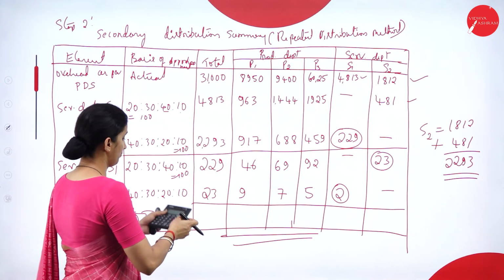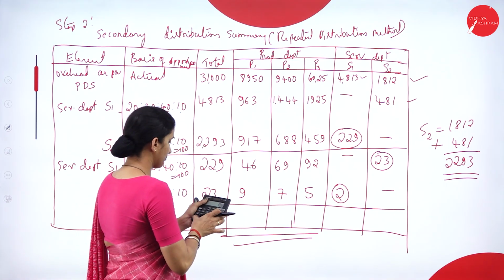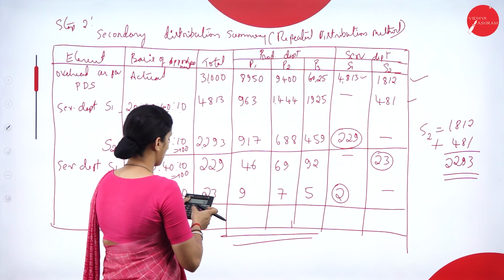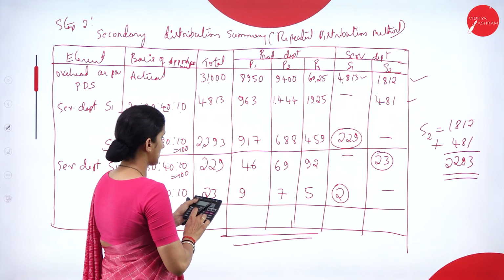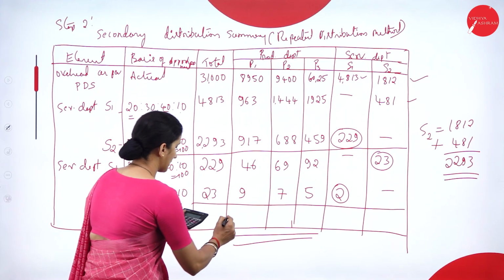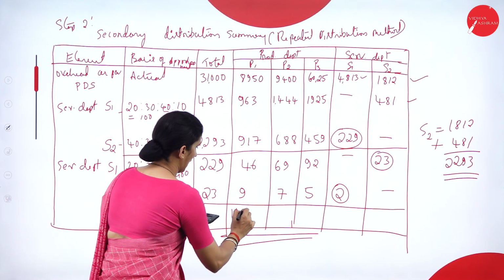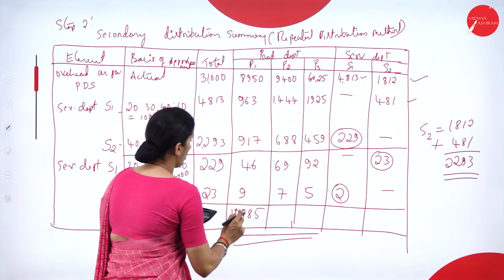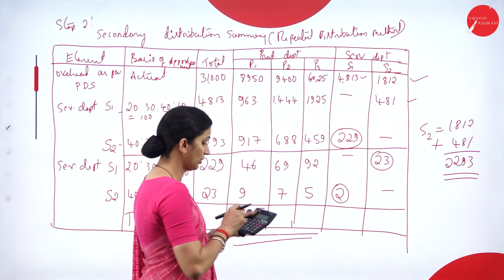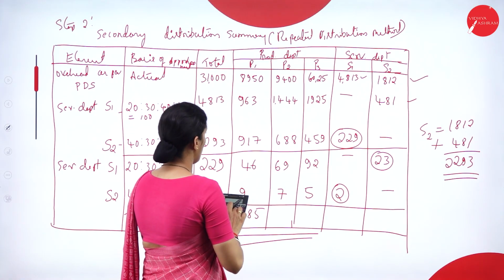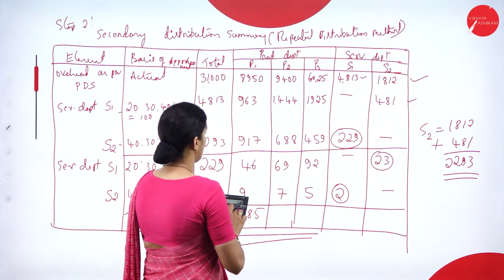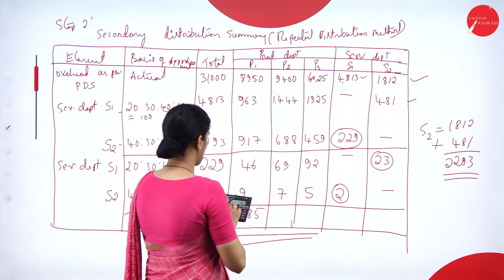So the total here for P1: 8,950 plus 963 plus 917 plus 46 plus 9. So here we are getting 10,885 for P1. For P2 it is 9,400 plus 1,444 plus 688 plus 69 plus 7.